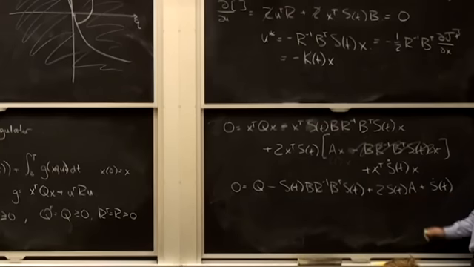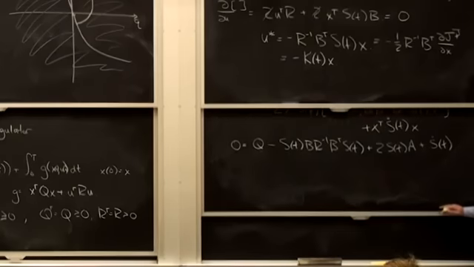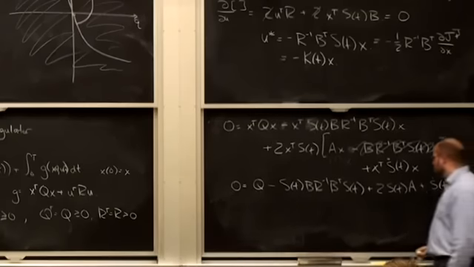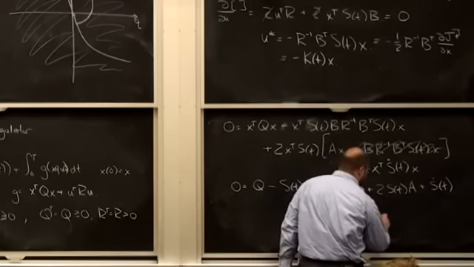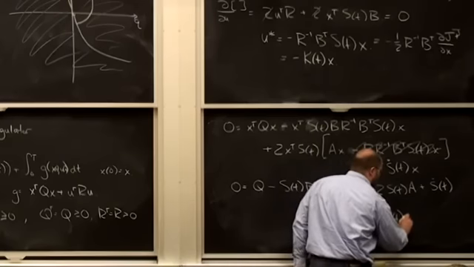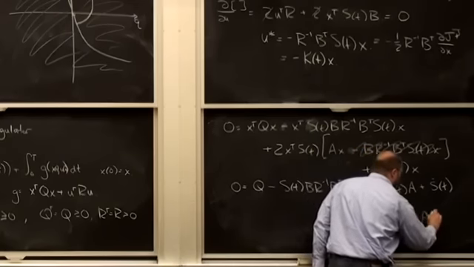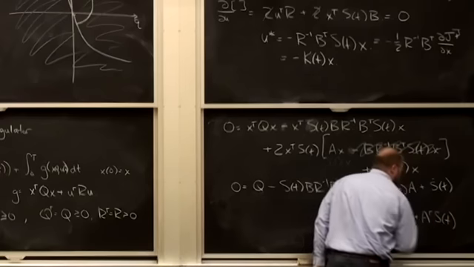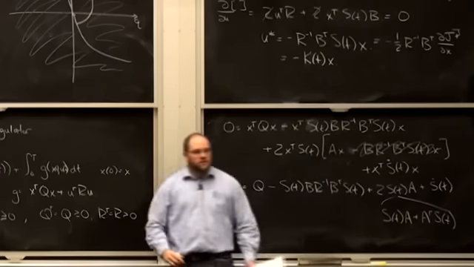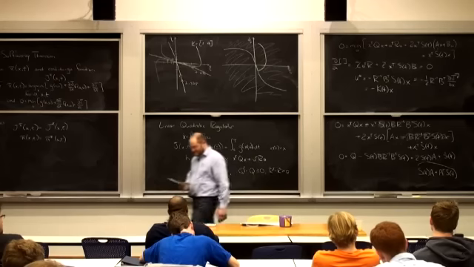Is that guy symmetric? It's actually not symmetric like that, but I can equivalently write it as S(t) A plus A transpose S(t), since S is symmetric. And that guy is symmetric.